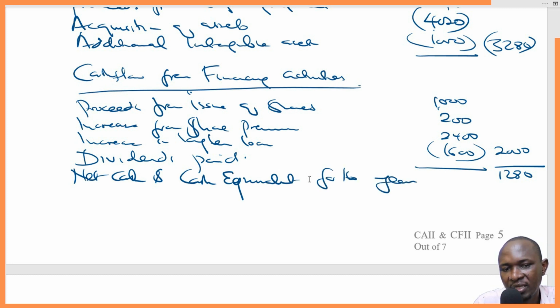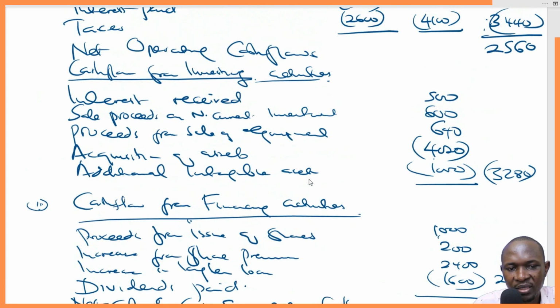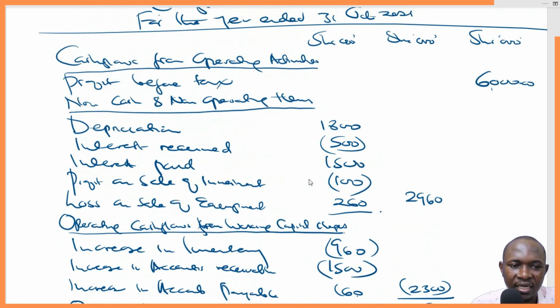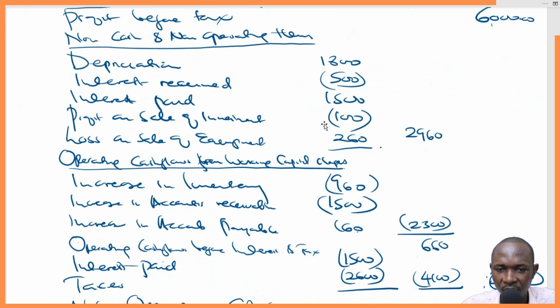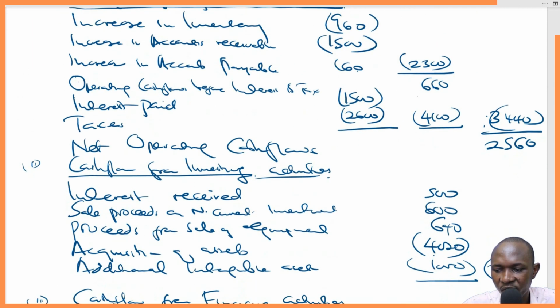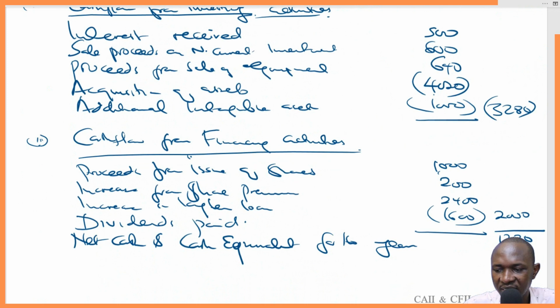Remember, we've added the three parts: the financing activities, the investing activities, and the operating activities, which are the items that make up a cash flow statement. The net cash and cash equivalent for the year is 1280.